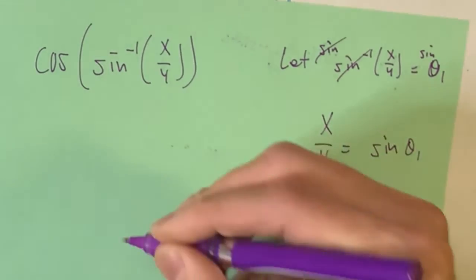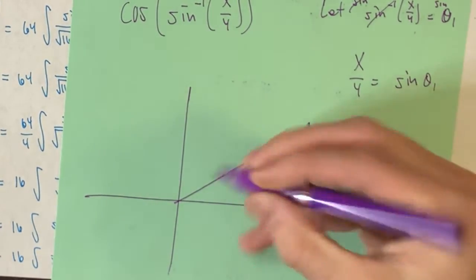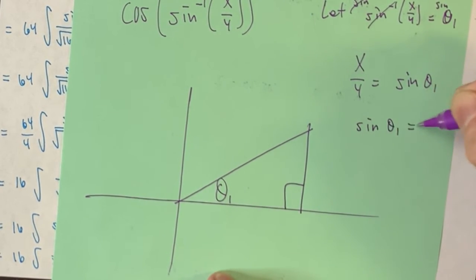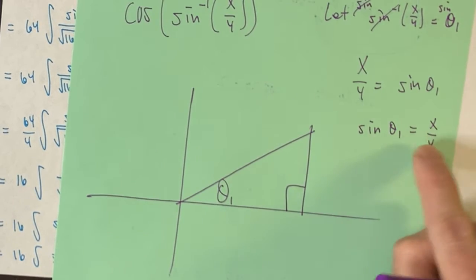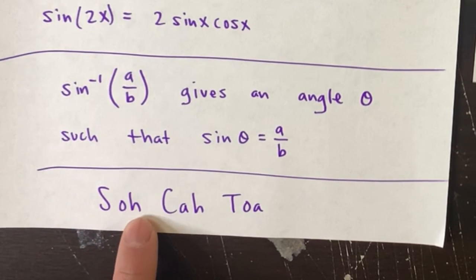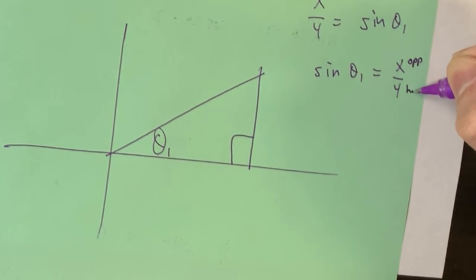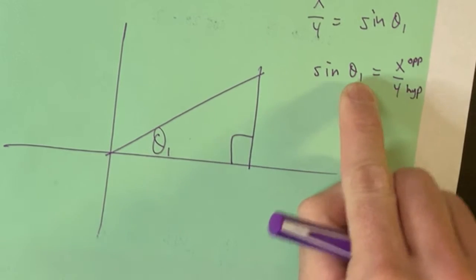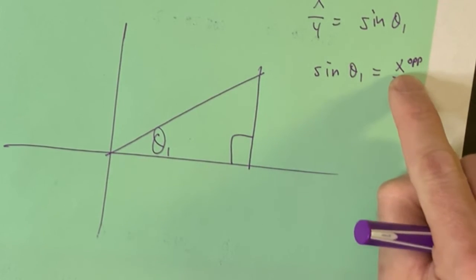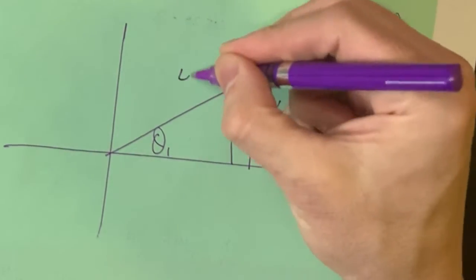Now here's what we can do. We can actually make a picture where the angle is theta 1. So we have that sine of theta 1 equals x over 4. But remember that sine, if you think of SOHCAHTOA, sine is opposite over hypotenuse. So theta 1 is there, and from this position, sine is x over 4, where x is the opposite, and the hypotenuse is 4.